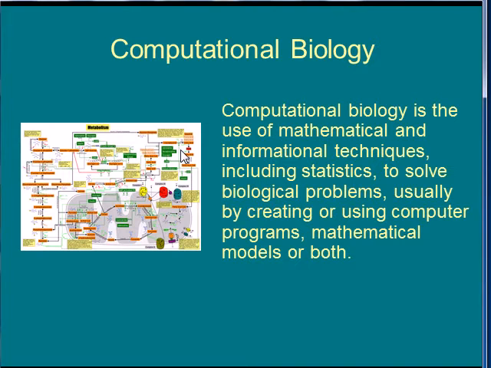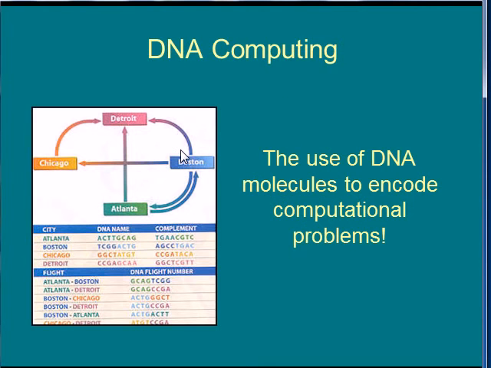So, different animal. Another thing you run into once in a while is called DNA computing. That's where we try to build models based upon how DNA works for practical use. Here, if you look at this graph, you can see that somebody's using DNA molecules to record a plan for flight between different cities, Chicago, Boston, and so forth.